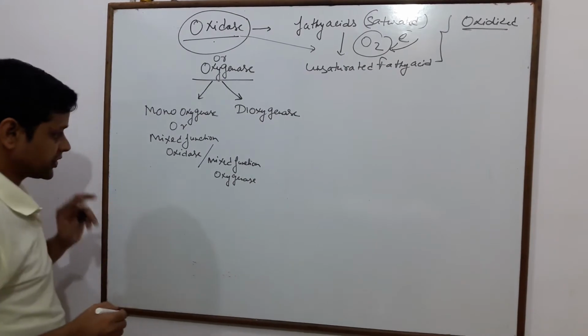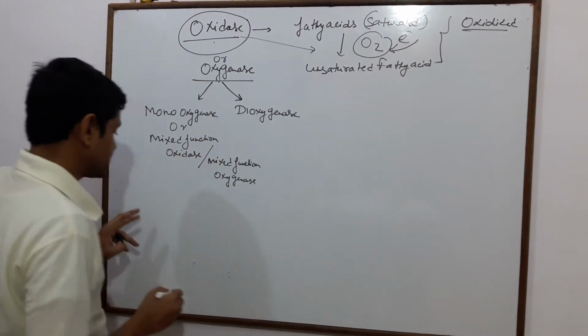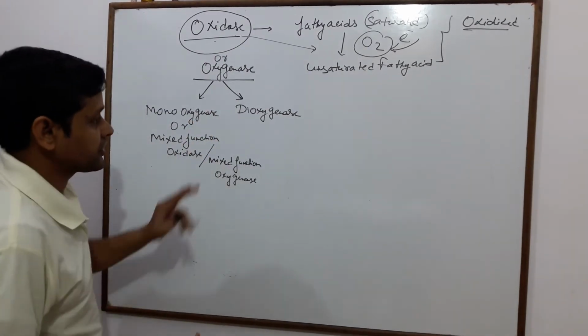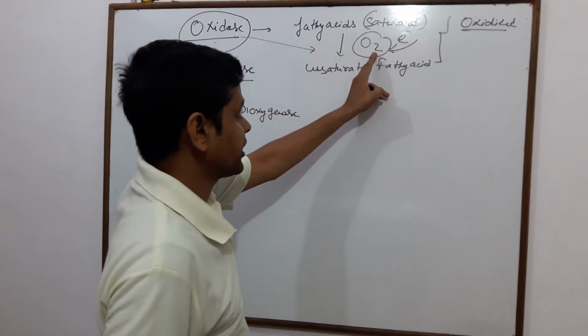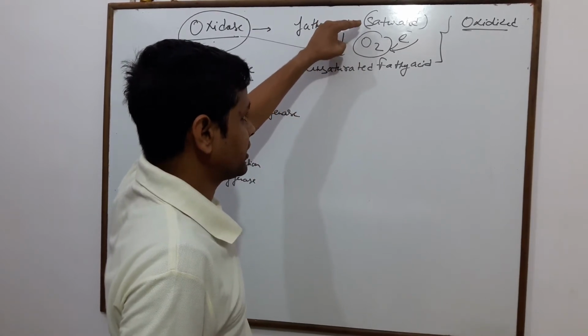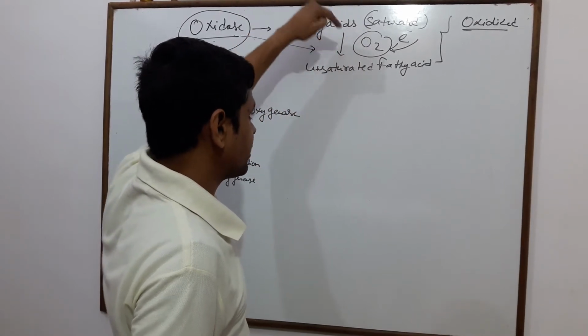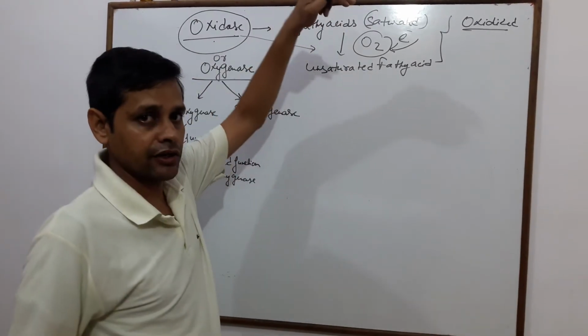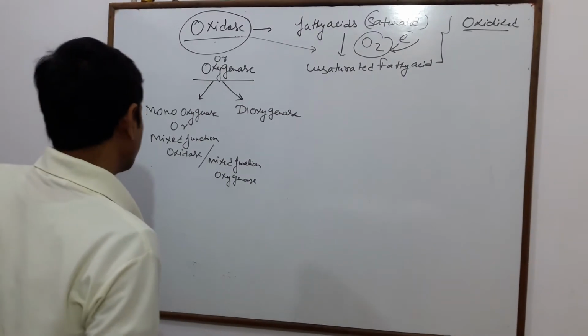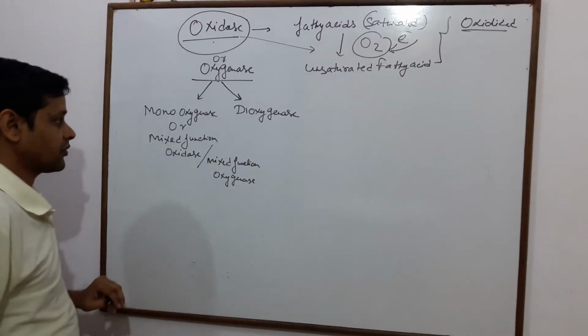The basic difference between these two enzymes is this: if monooxygenase is operating in this kind of reaction, where inside the saturated fatty acid one or two double bonds are introduced by this oxidation reaction, then it is a mixed function oxidase enzyme.